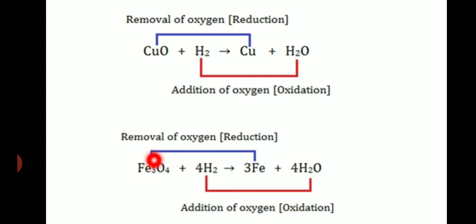Do you remember what is oxidizing agent and reducing agent? Oxidizing agent is the agent which gives oxygen to oxidize. Which is the substance which gives oxygen to oxidize? That substance is the oxidizing agent.